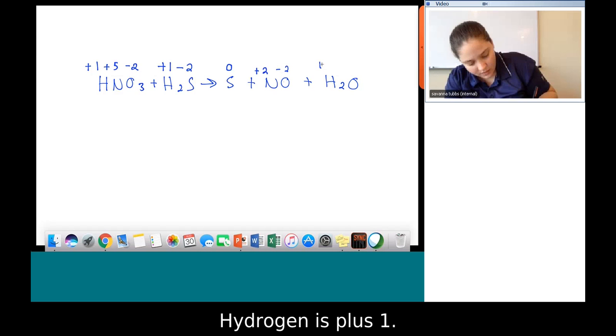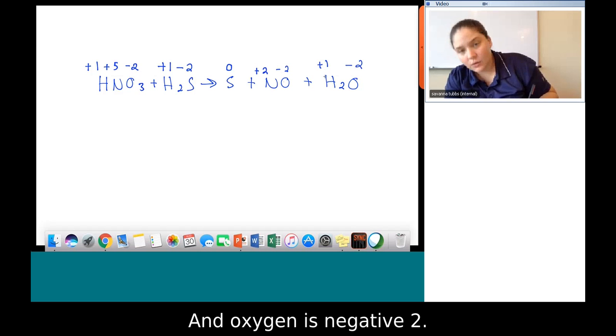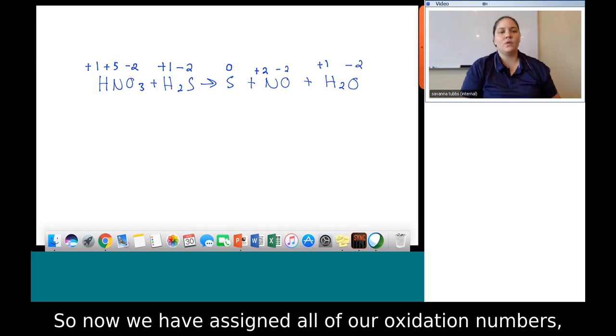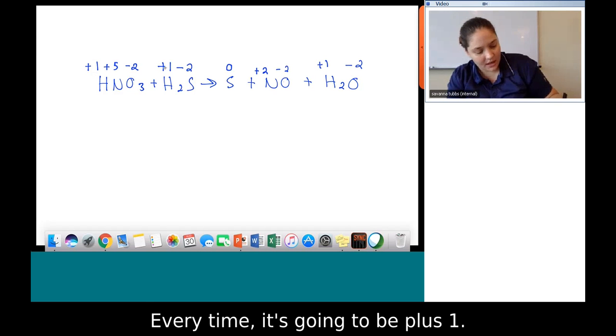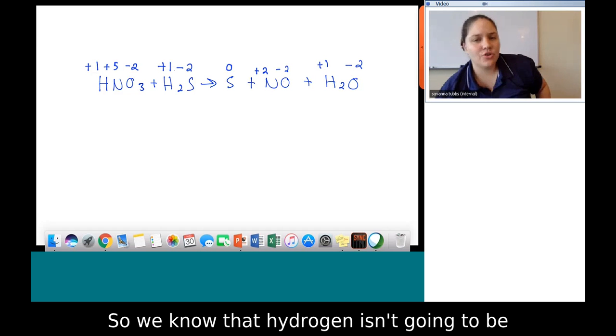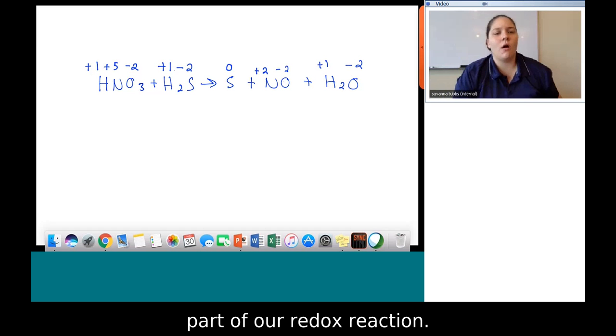Hydrogen is +1, there's 2 of them, and oxygen is -2, that will equal 0. So now we have assigned all of our oxidation numbers, and we need to compare them. Our hydrogens aren't changing, every time it's +1, so hydrogen isn't part of our redox reaction.